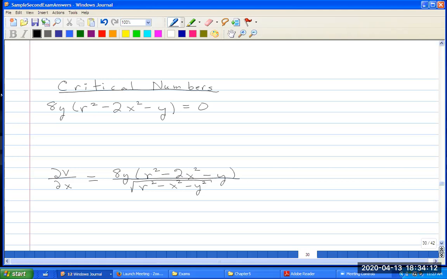And let's also set r squared minus x squared minus y squared equal to 0.